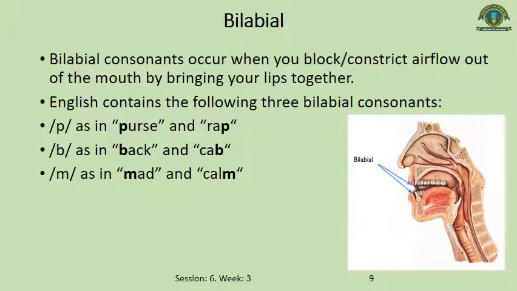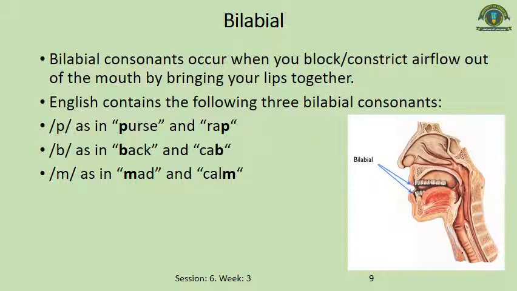Now, the first sound is p, as in purse and wrap. This time the sound occurs in the beginning of the word, but so far as wrap is concerned, it is the ending sound.